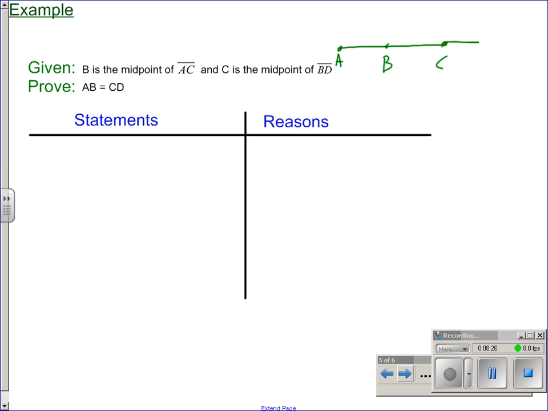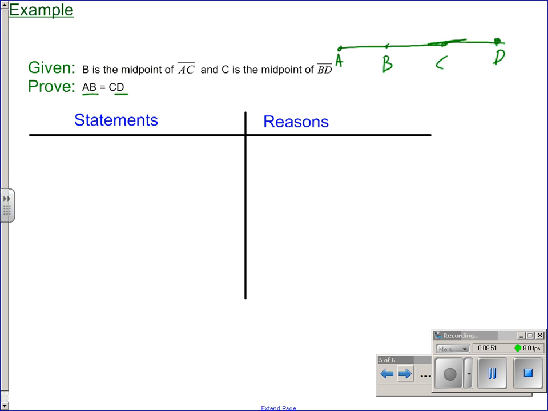Well, that means this segment just continues. Didn't draw it very well. There's point D. So C is the midpoint of BD. So this is all just one segment, just poorly drawn. The question is, can you prove that AB is congruent to CD?